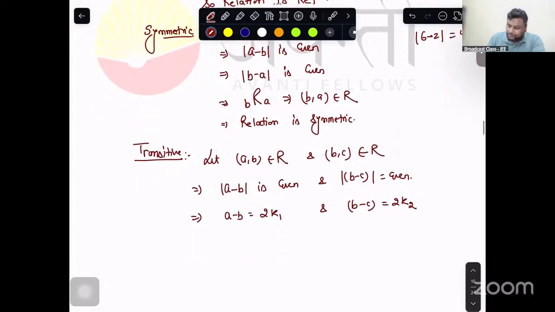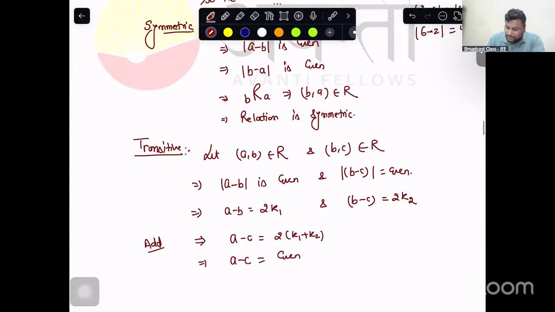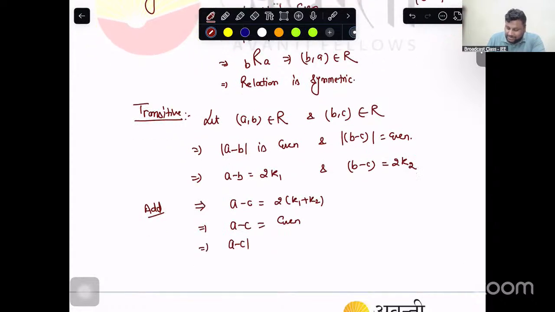Yes or no? If I add both of them, what do I get? A minus C is twice of (K1 plus K2). That means A minus C is also even, so |A minus C| is also even. That means A is related to C, and (A, C) belongs to R. See how I explained it? This way of explaining is also very, very important.